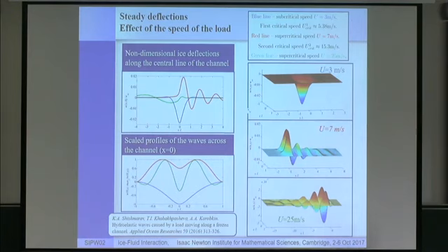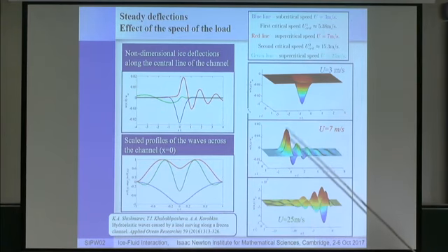And this plot is for the deflection along the channel, that is across the channel. And we can see that for the first, the under critical speed, we have deflection not according to the first mode, but closer to the first mode, for the second one more closer to the second, and that is for the third mode.